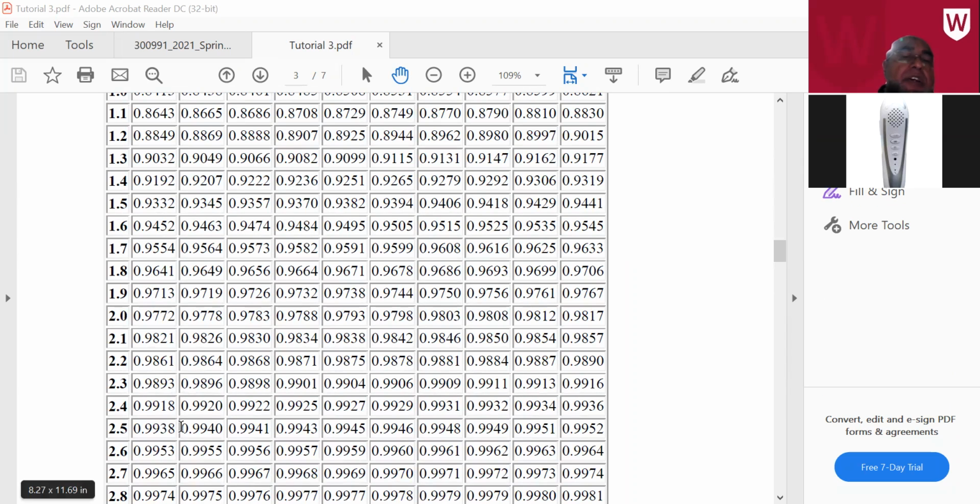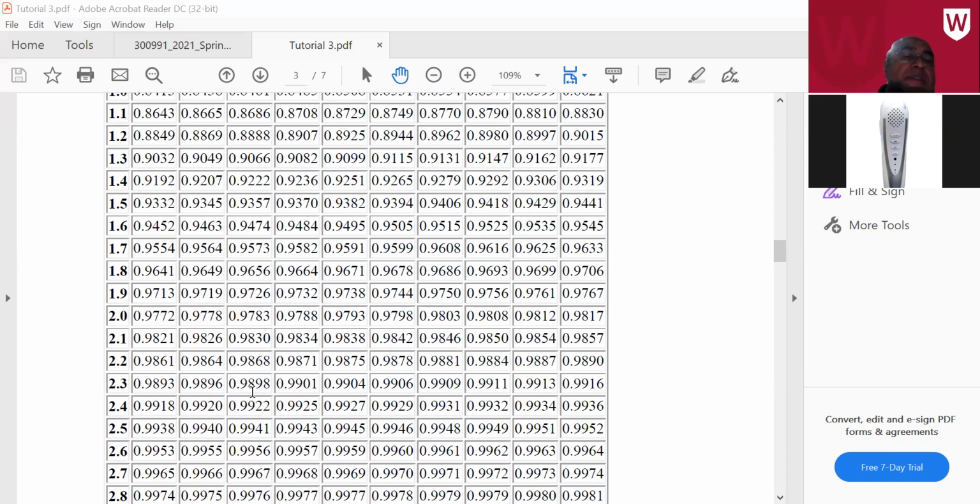We can see that 0.99 is happening somewhere here, 0.9898 and 0.9901 somewhere here.